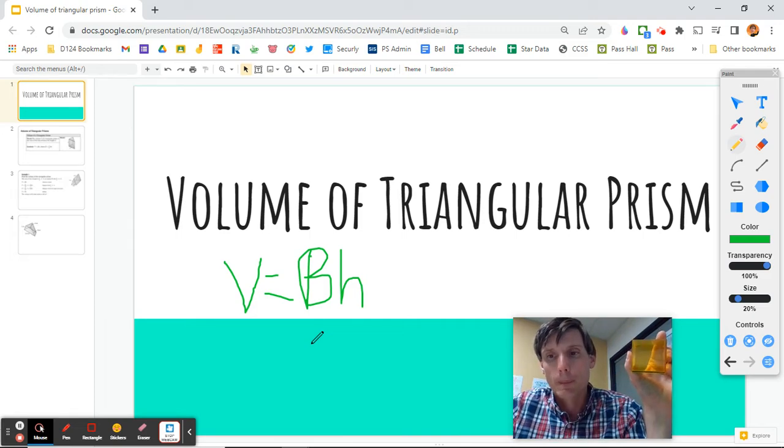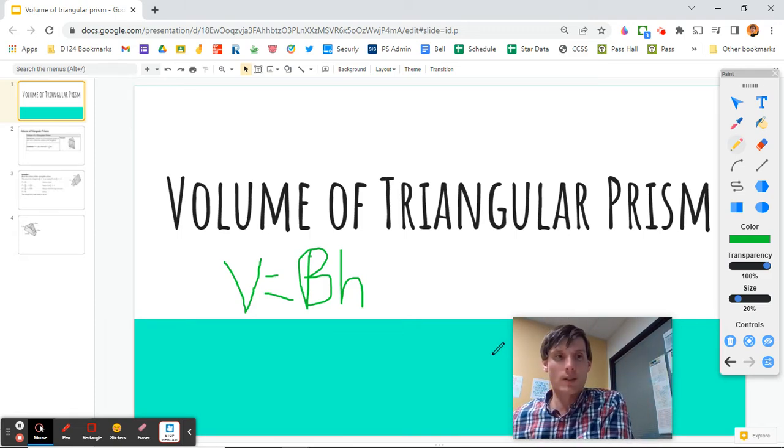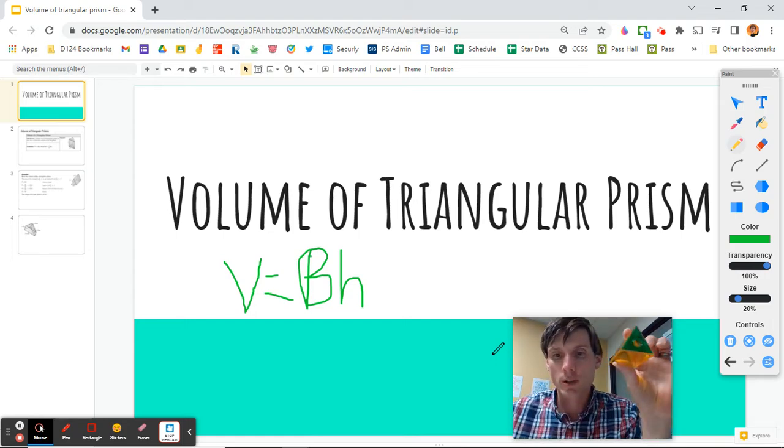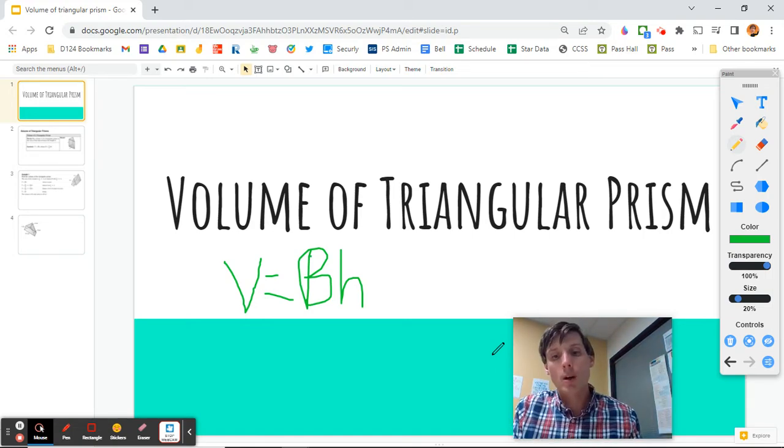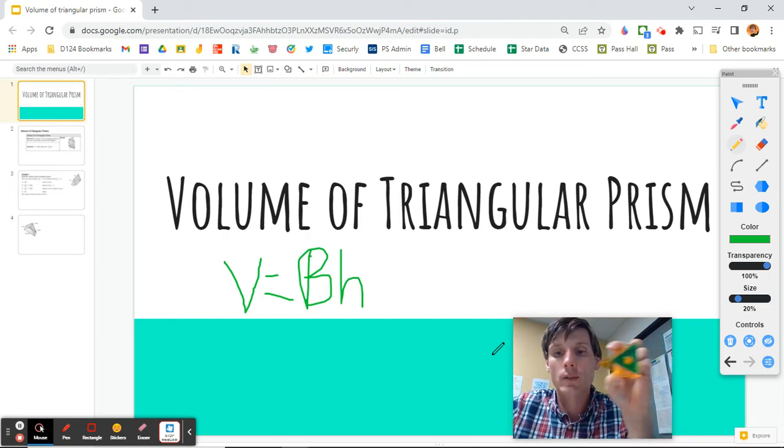All right. So a triangular prism is going to be very similar. We're going to find the area of the triangle, that's here, and multiply it by the height of the object. So we have to remember our formula for finding the area of a triangle first.